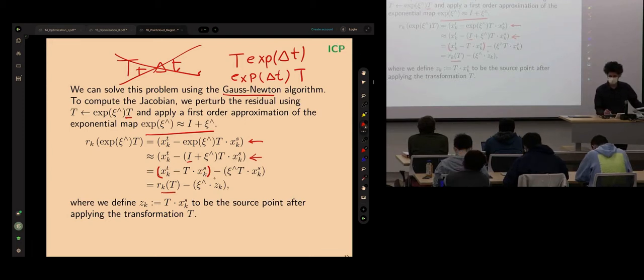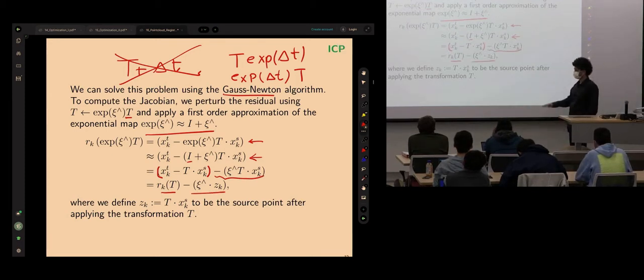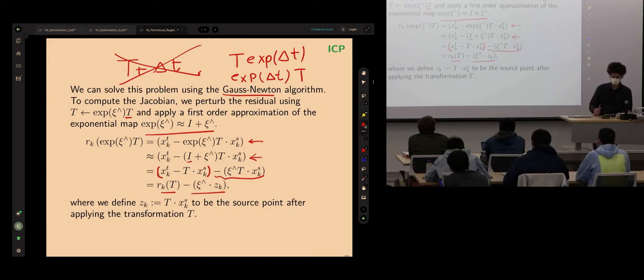Whatever is left, which is here, is some first order term caused by that perturbation. In the same sense of Taylor expansion, you can call it a Jacobian, but here we're using a first order approximation of the exponential map.